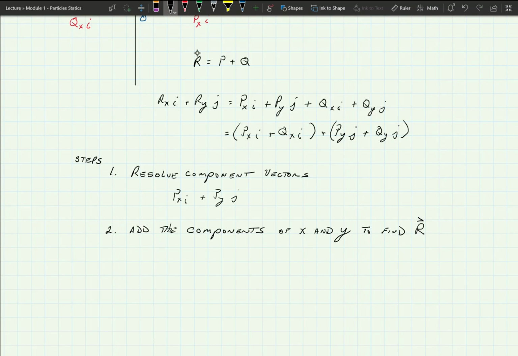Okay, and these should all show up here. I'm getting a little sloppy in my notation. My apologies. All right, so once we do that, we're good.